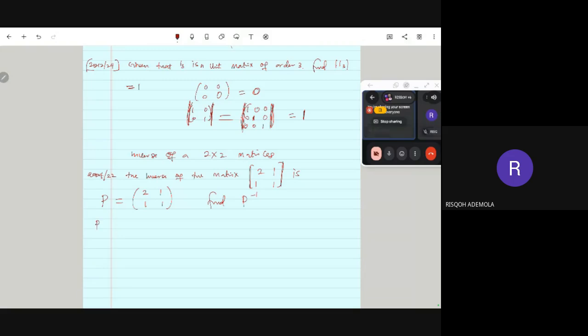So the formula for the inverse of a matrix is 1 over determinant of P multiplied by its cofactor.